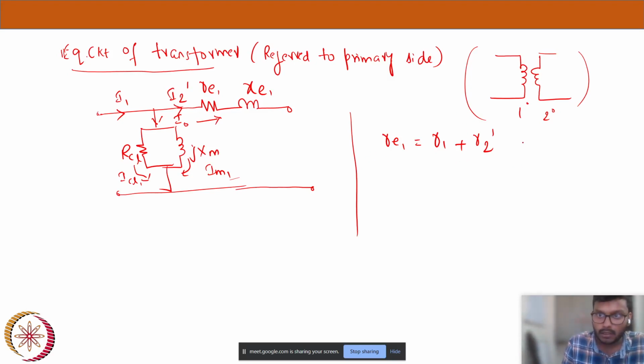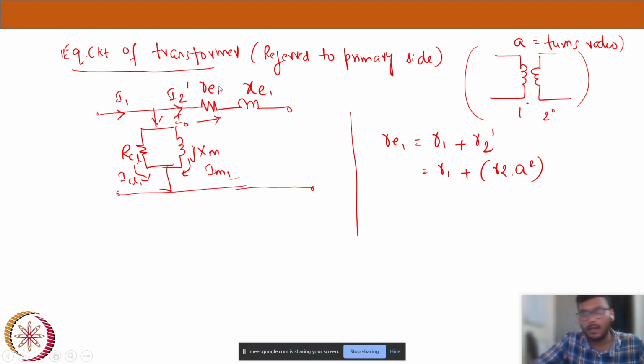Now let's say the turns ratio is A. Now R1 plus R2 dash, R2 into A square. So since the last 2 weeks we have discussed this. So if we know the turns ratio, we can just refer any parameter to any side. Since we are referring our secondary resistance to primary, we have to multiply with the square of the turns ratio.